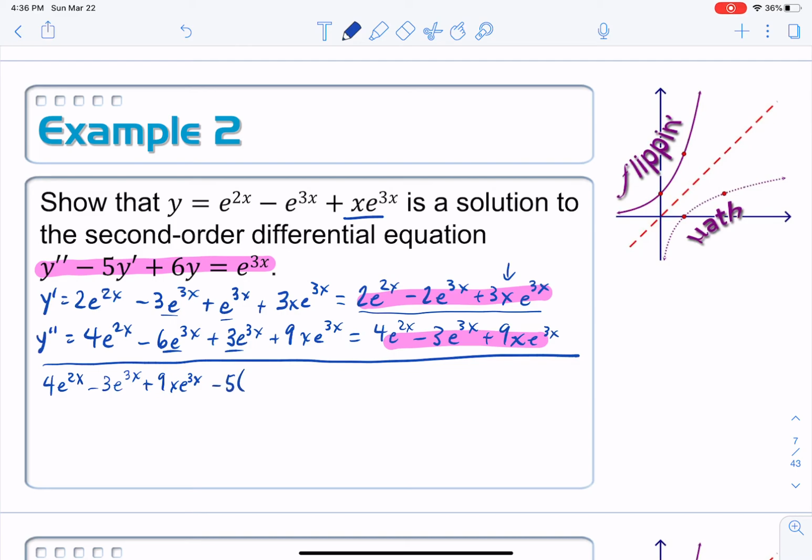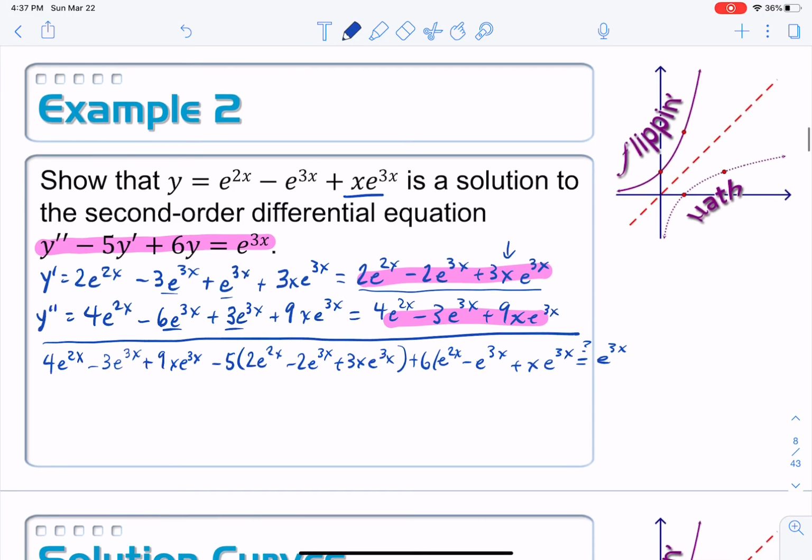Minus 5 times the first derivative, which is 2e^(2x) − 2e^(3x) + 3x e^(3x). And then finally plus 6 times the original equation, e^(2x) − e^(3x) + x e^(3x), equals question mark e^(3x). That's what we're going to check.